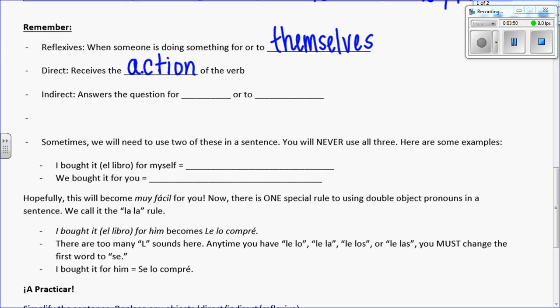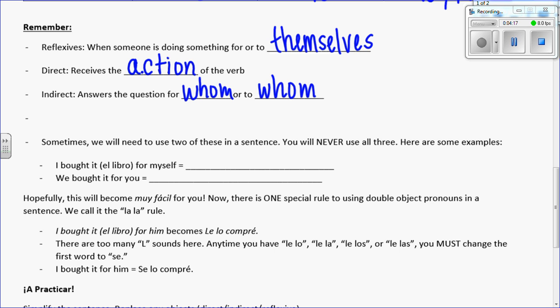And indirect answers the question for whom or to whom. For whom or to whom. Okay, so if you ever get confused if you should replace something with le or lo, la, ask yourself, is it something that is receiving action or is it an indirect object? Does it answer the question for whom or to whom? Okay?